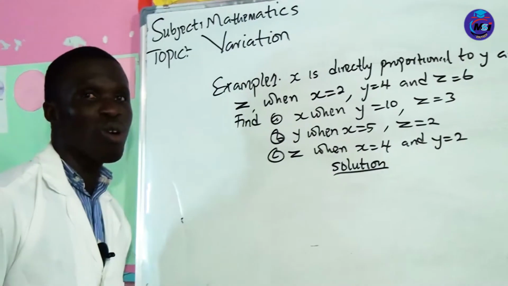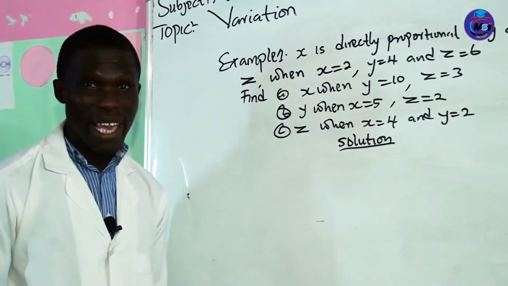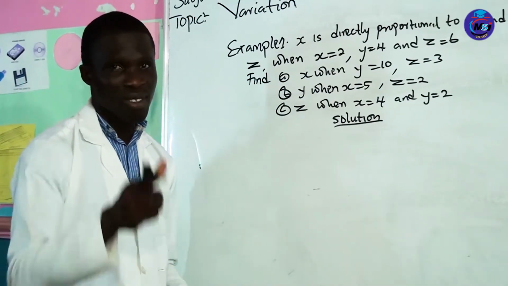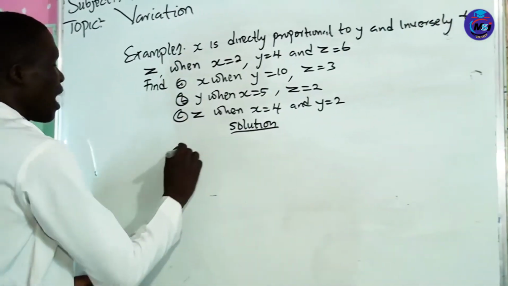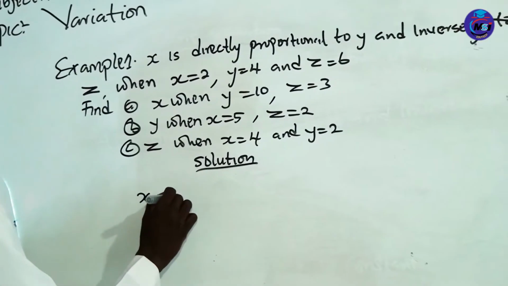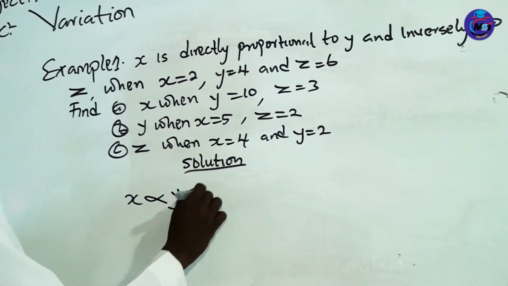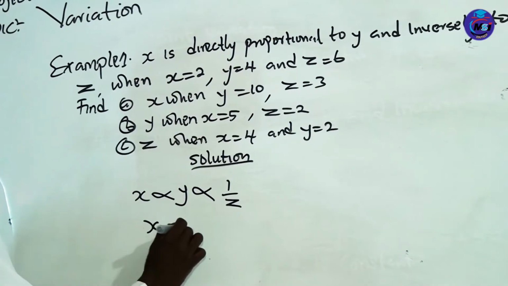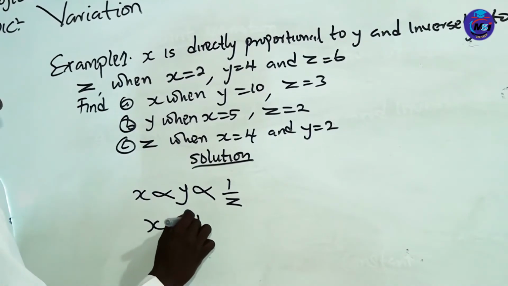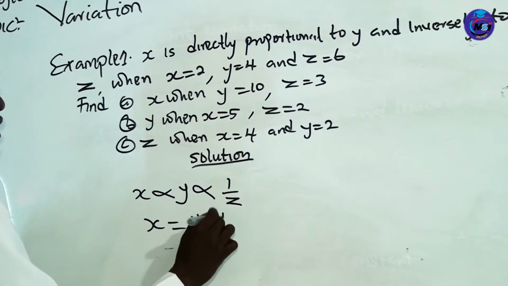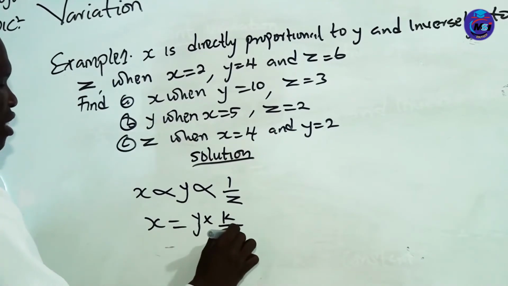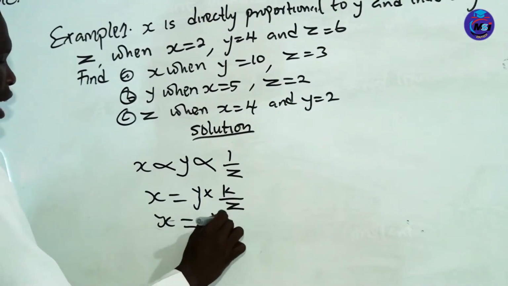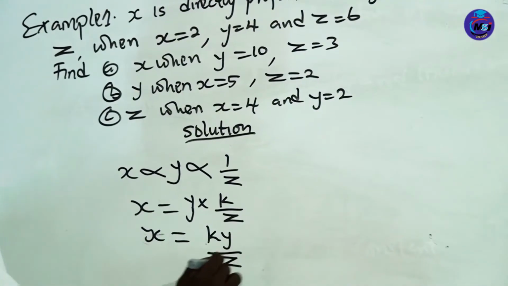This looks so big, but by the time we solve it, you discover that it's very simple. Let's go. Okay, X directly proportional to Y and inversely proportional to Z. X equals Y times K all over Z. X will give us KY all over Z.